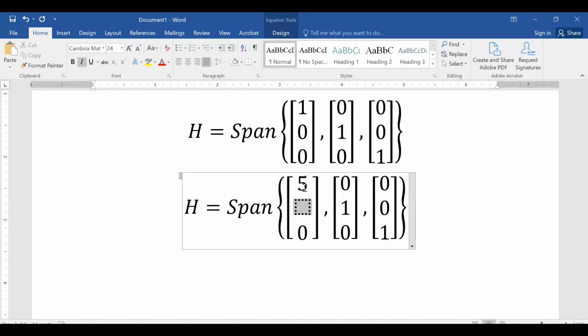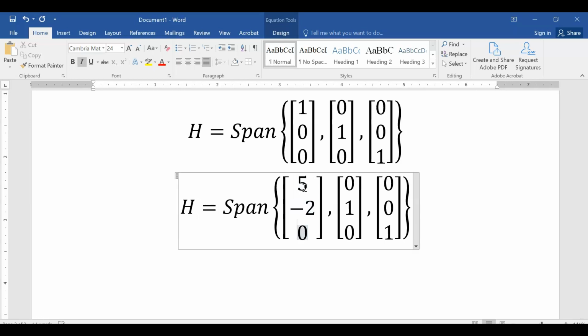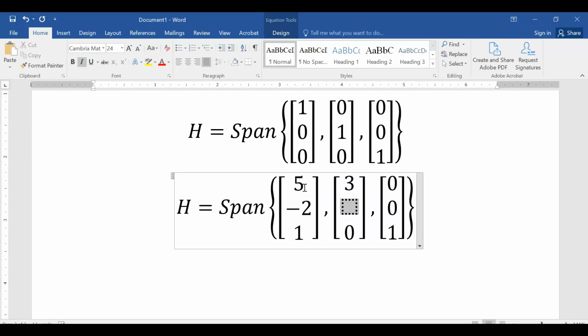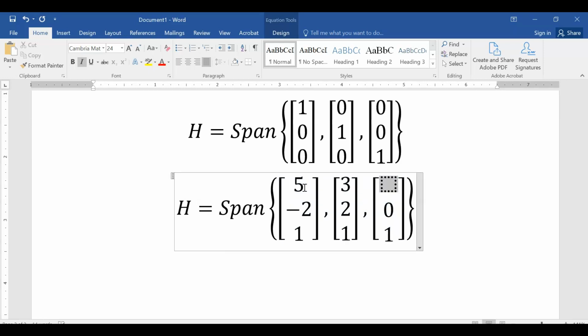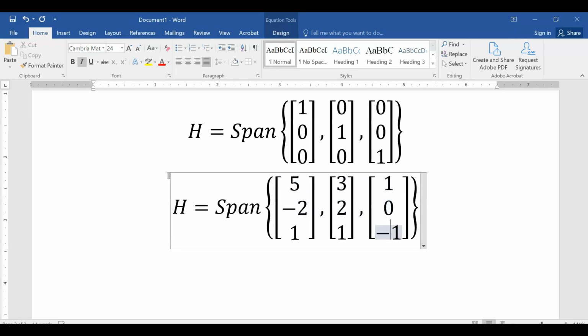Another option: if you don't want to use the standard basis, if you want to be a little bit different, by all means go ahead, use any vectors so long as they are linearly independent.